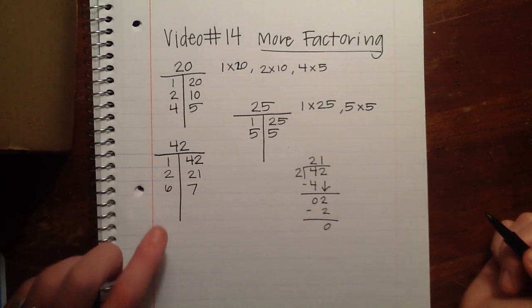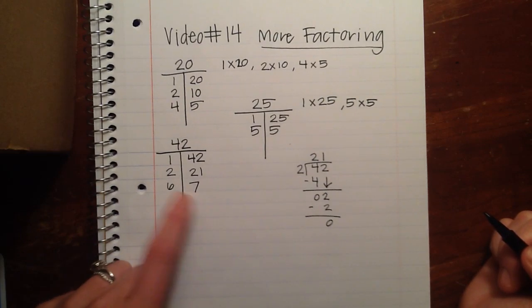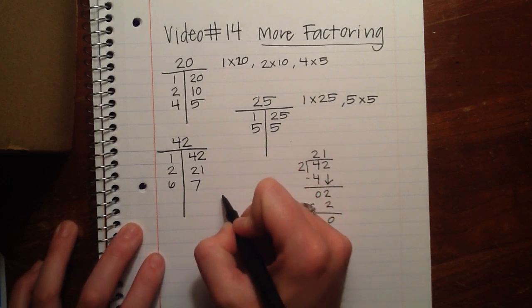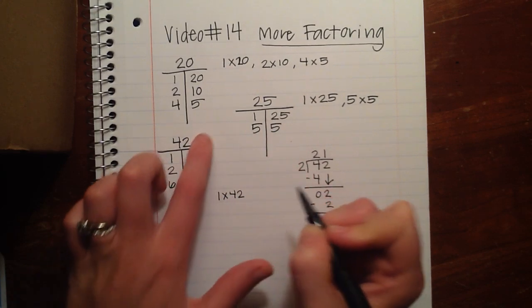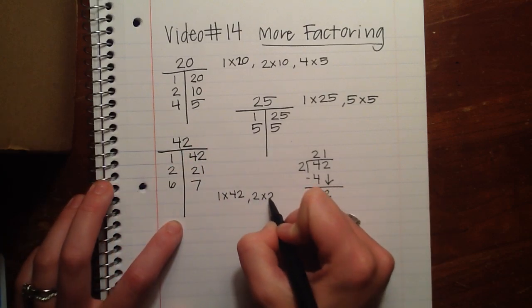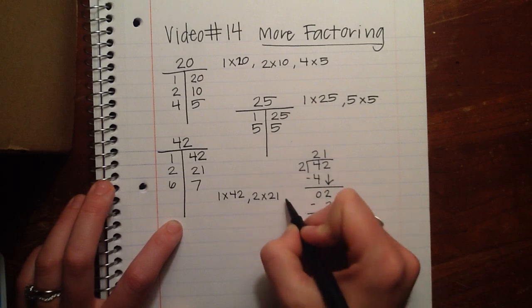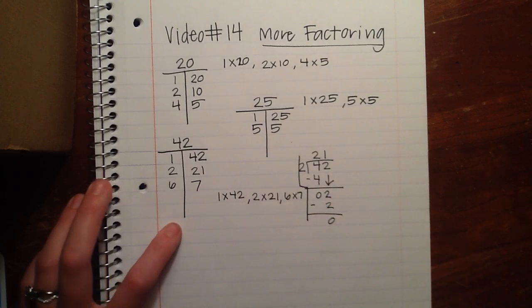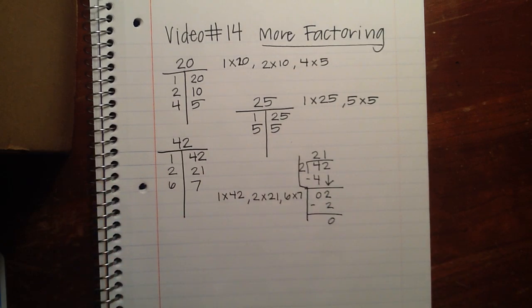Does 7? Well, I already know right there that it does. So I know my factor pairs are 1 times 42, 2 times 21, and 6 times 7. Those are my factor pairs.